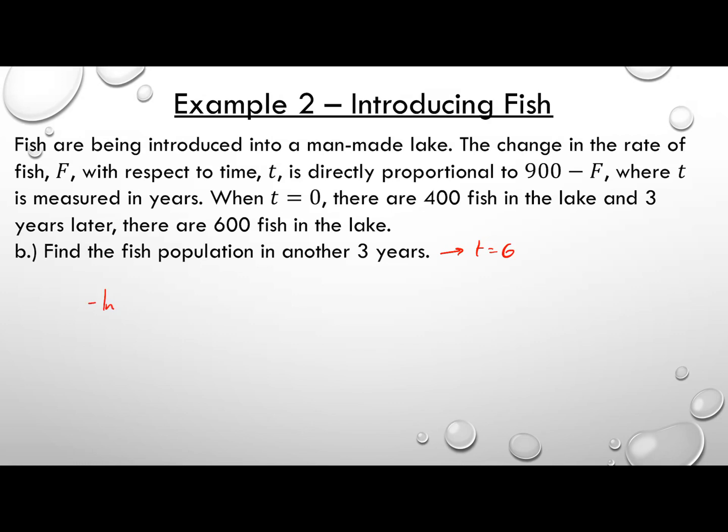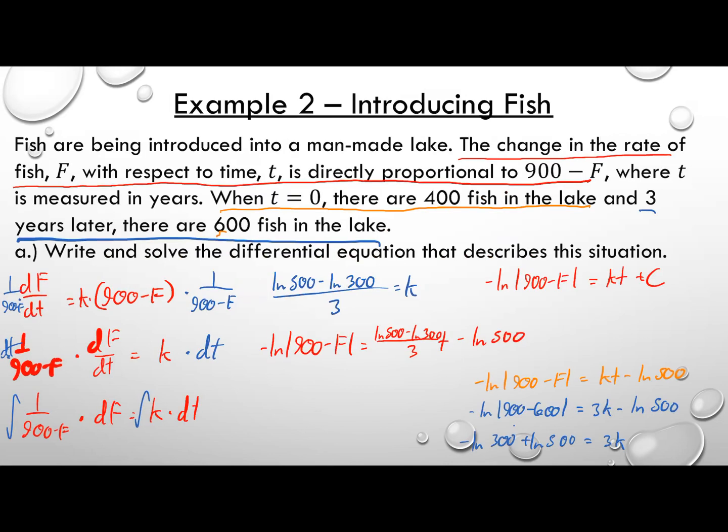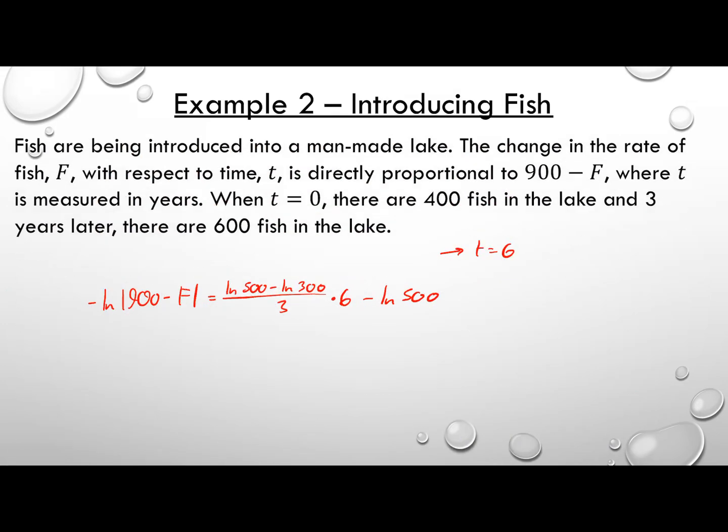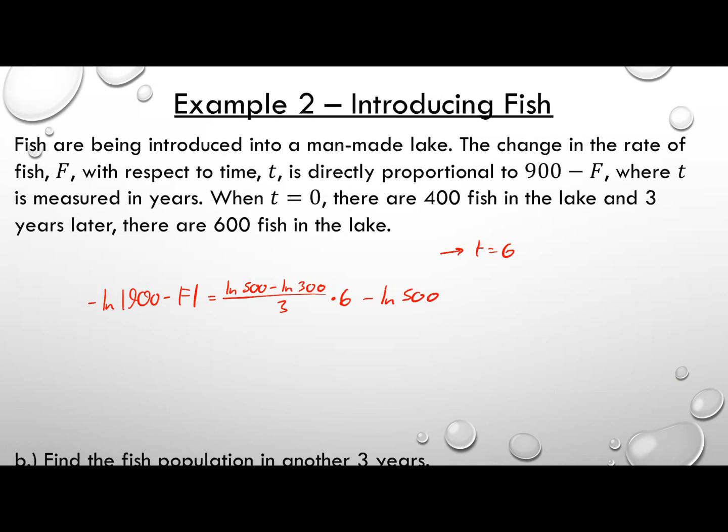So we have negative natural log of the absolute value of 900 minus f is equal to, natural log of 500 minus natural log of 300 over 3, times 6, minus ln of 500. Okay, so now we just have to get f by itself. Let's get rid of this negative first by dividing both sides by -1.